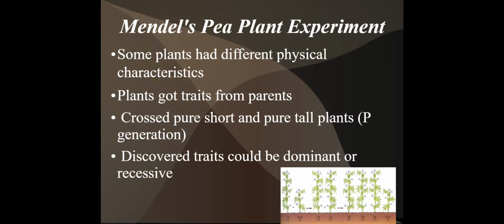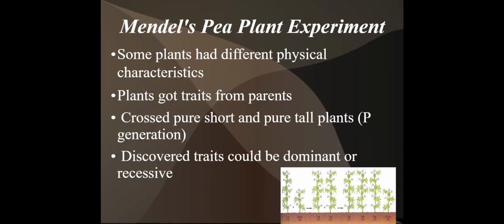The sperm that's in the pollen will fertilize the eggs that are down in that ovary. Those fertilized eggs will grow into seeds that you can plant and grow a new plant. The ovary is what develops into the fruit. In this case, it would develop into the peas. And so Mendel used the pea plants because he could cross pollinate.